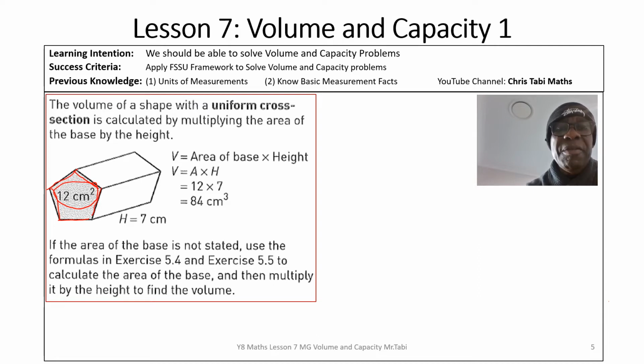So again, the formula for volume will simply be that, and we do the substitution here, so 12 multiplied by 7, because this height, which is the length here, is 7. So you multiply this cross-sectional area by how much of it you have, and that gives you your answer, which is simplified, with your units.